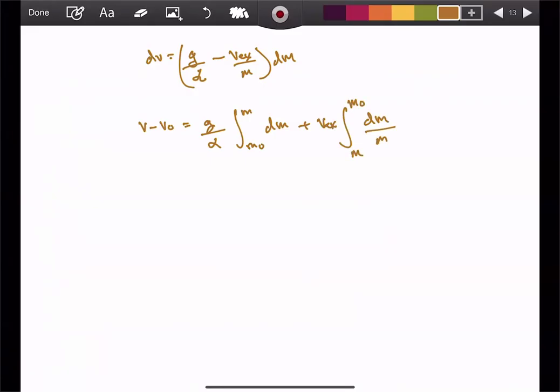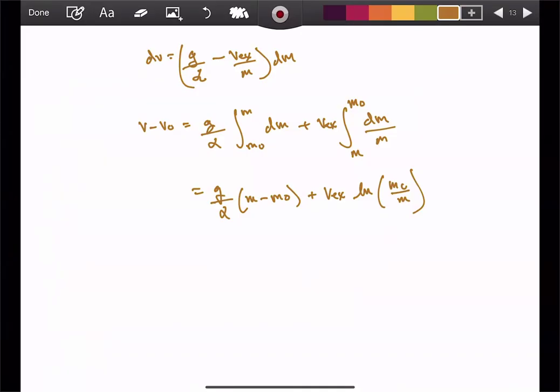So I'm just pulling in that negative sign and switching the order of those two. So let's do that. My left-hand side is, again, v minus v0. My right-hand side is going to become g over alpha, m minus m initial, plus v expulsion times the natural log of my initial mass divided by my final mass. Keep saying that.